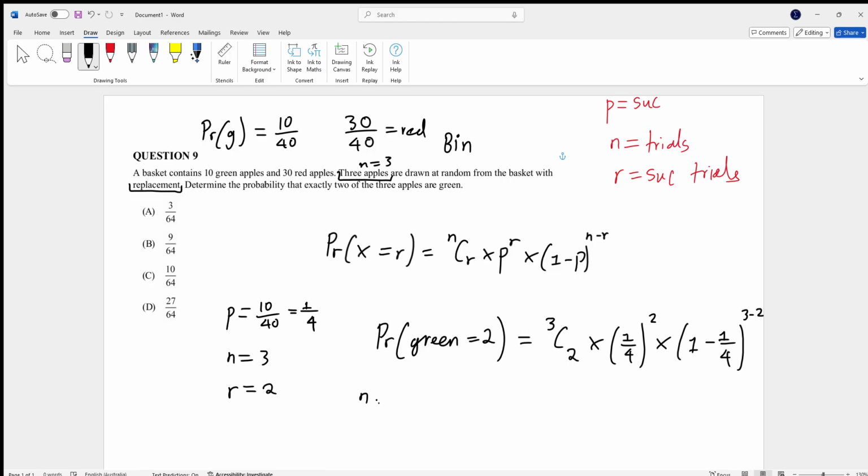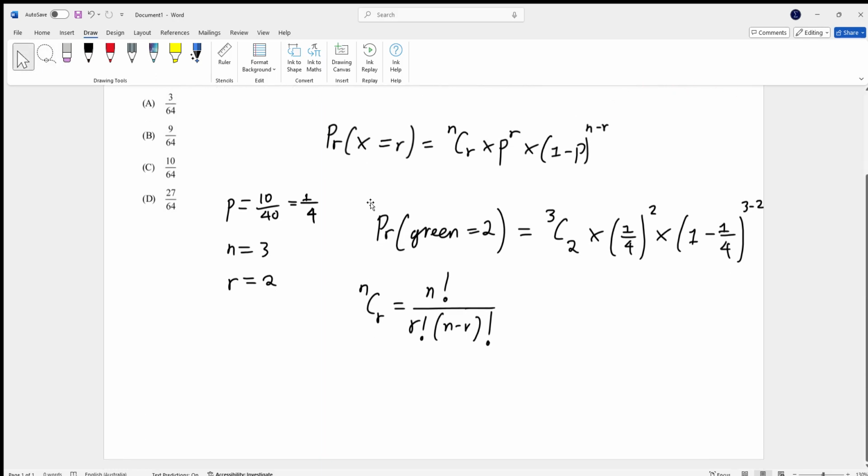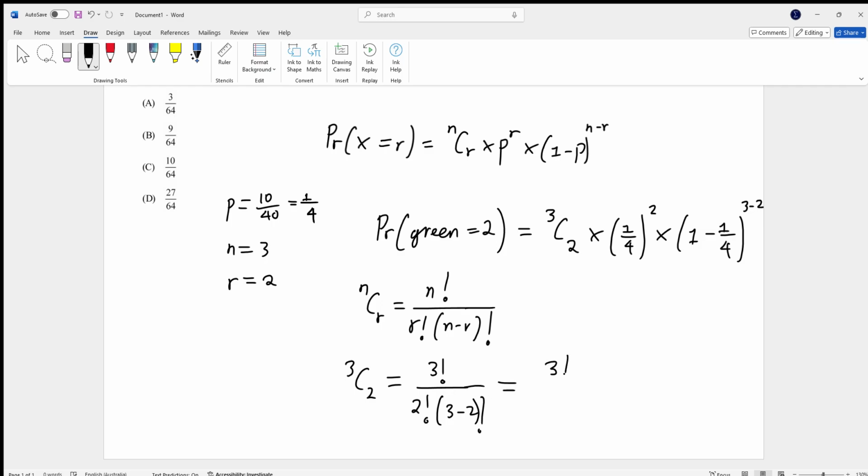So n choose r is n factorial over r factorial times n minus r factorial. Know this just in case because this is a non-calc question. So in our situation, 3 choose 2 will be 3 factorial over 2 factorial and then 3 minus 2 factorial. 3 minus 2 is 1 factorial. So basically we have 3 factorial over 2 factorial times 1 factorial.